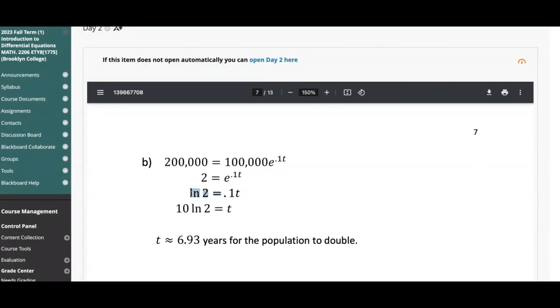So we take ln 2 equals 0.1 T. We divide by 0.1, same as multiplying by 10 on both sides. So T is 10 times ln 2, about 6.93 years. So about 7 years to double the population.